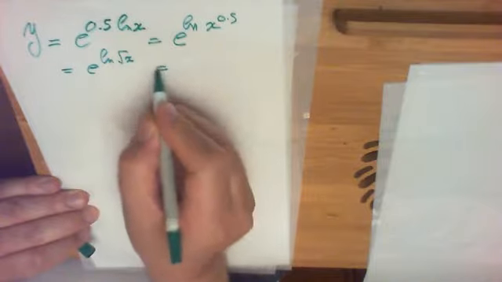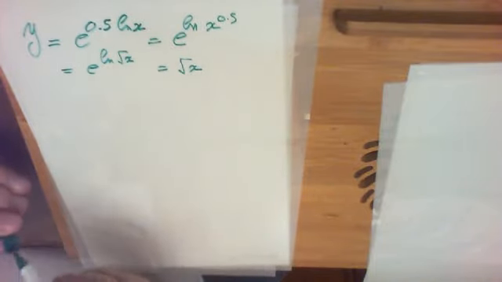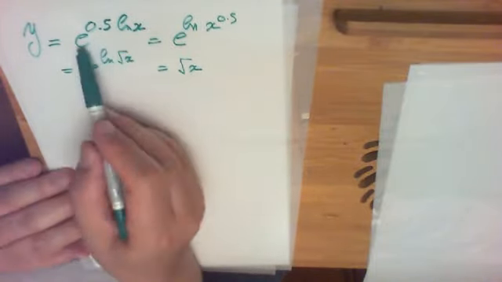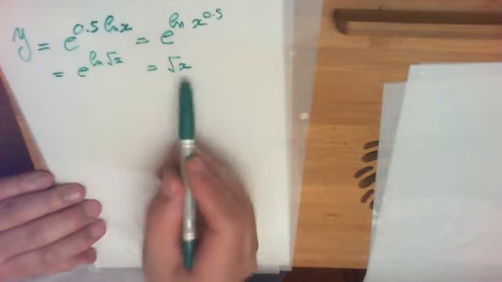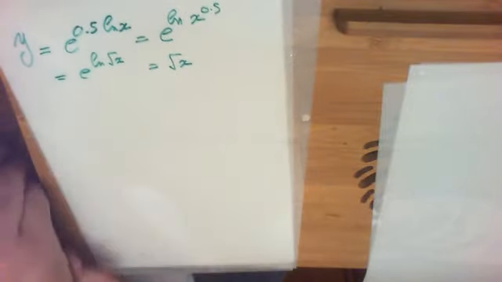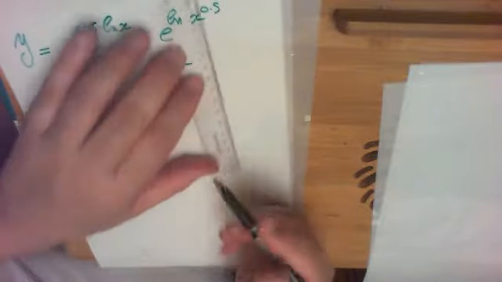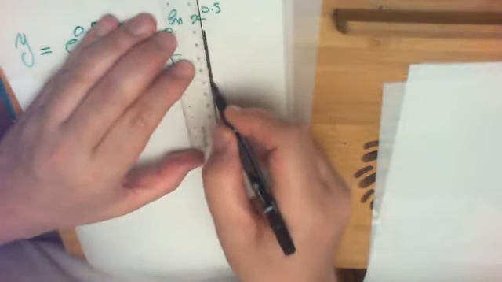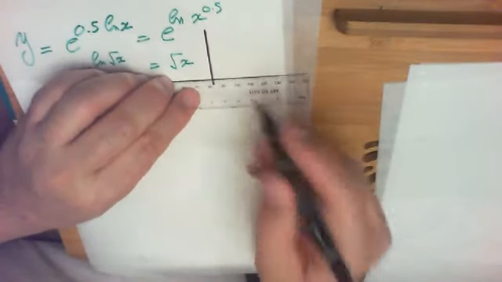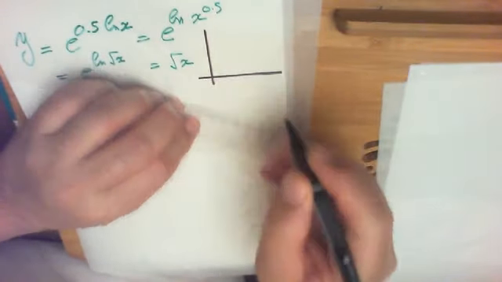E cancels ln, so it is root x. Actually, the curve is not exponential, is not logarithmic, but it is a square root of x. So the curve simply will be like this.